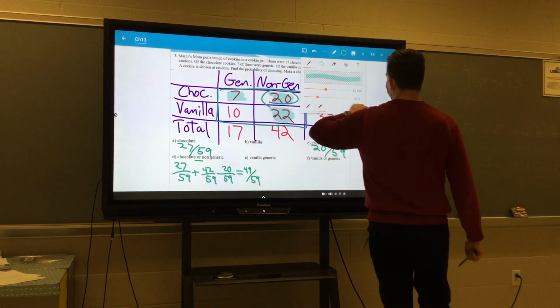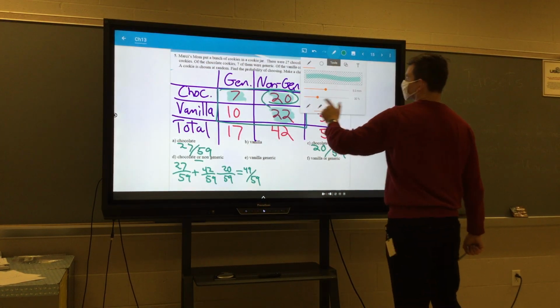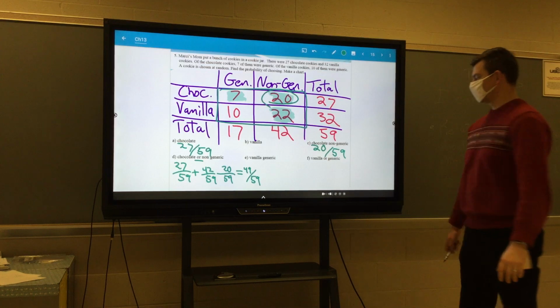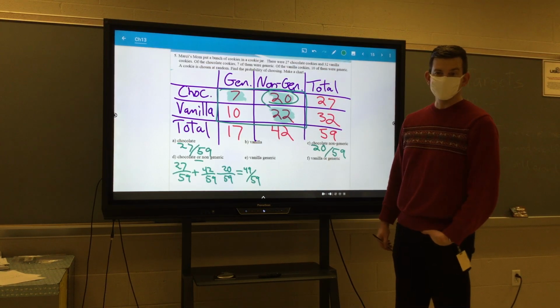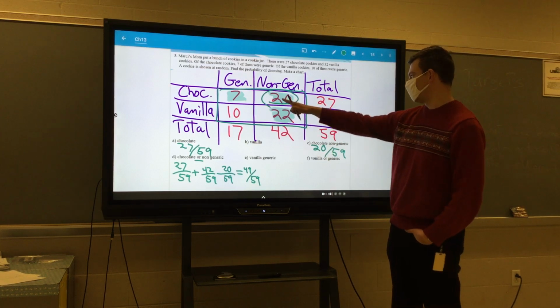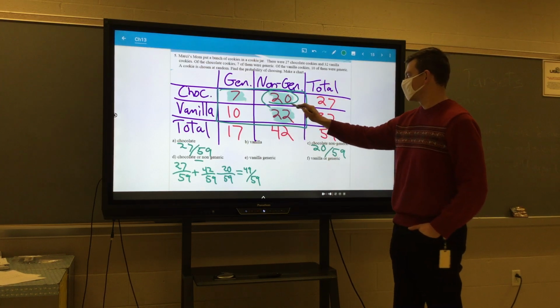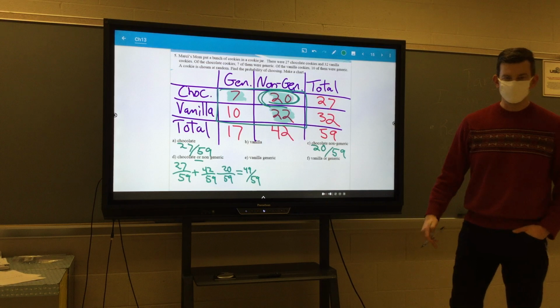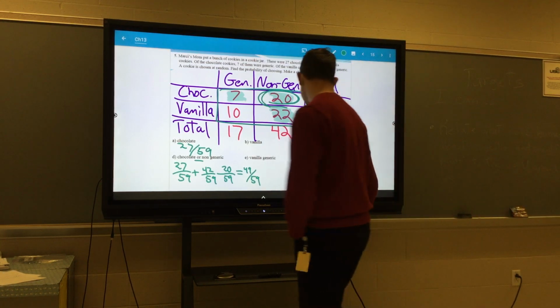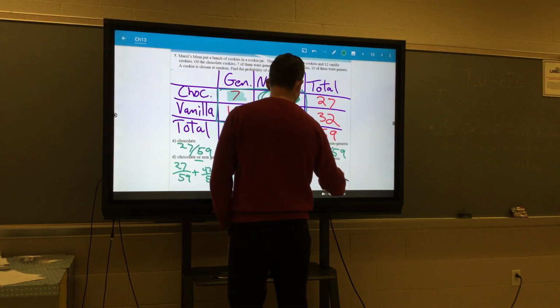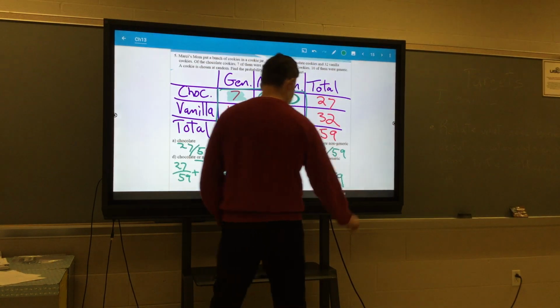If I wanted to answer my question here, probability of selecting a vanilla or a generic, well, in this case, the only one I don't want is chocolate non-generic, of which we've already said there are 20. So I'm just going to subtract the 20 away from my sample space of 59. 39 out of 59.